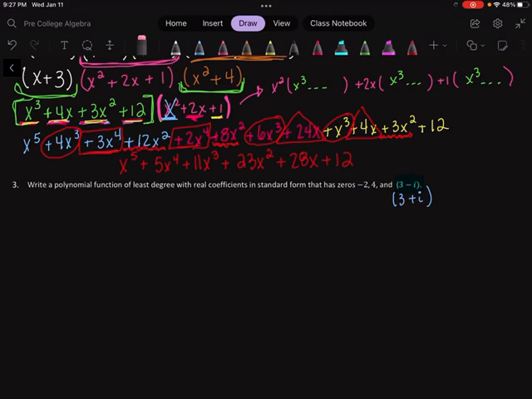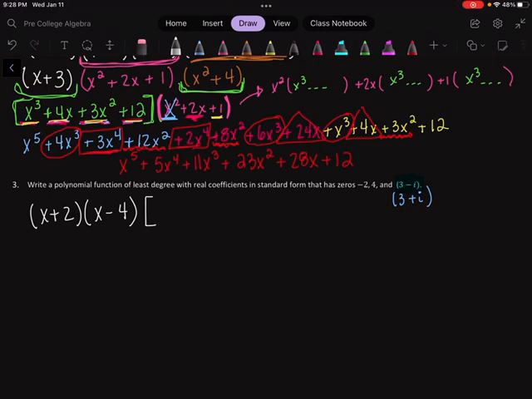The negative 2 and 4, so that would be x plus 2 and x minus 4, right? If I made them as factors.